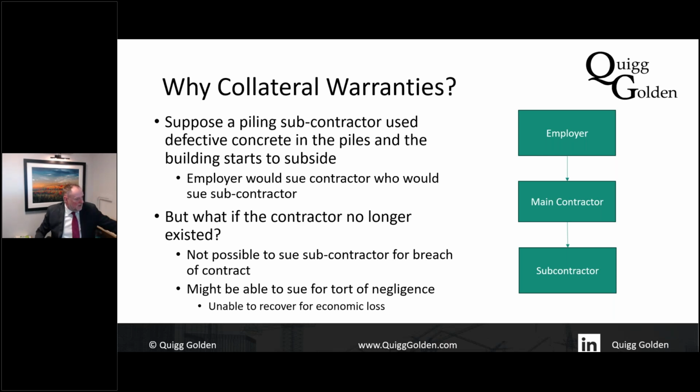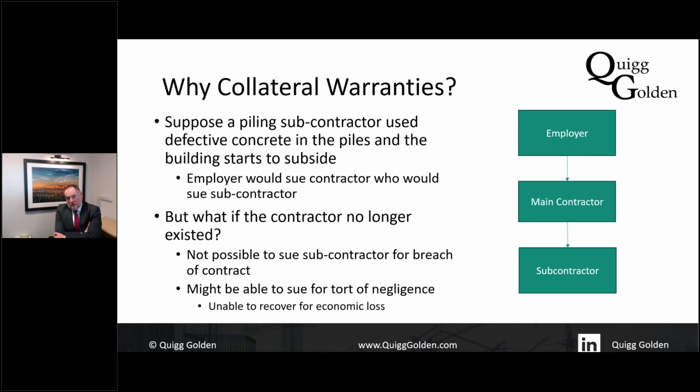Where the difficulty comes is what would happen if the main contractor no longer existed. Perhaps, and sadly, it has become insolvent, or perhaps it was a special purpose vehicle, or for whatever reason, it's no longer possible for the employer to sue the main contractor because they don't exist. Well, what can the employer do? There is no contract between the employer and the subcontractor, so they can't sue the subcontractor for breach of contract.